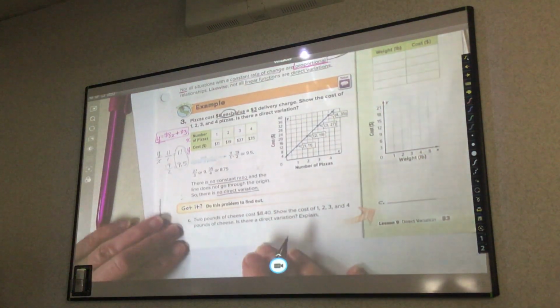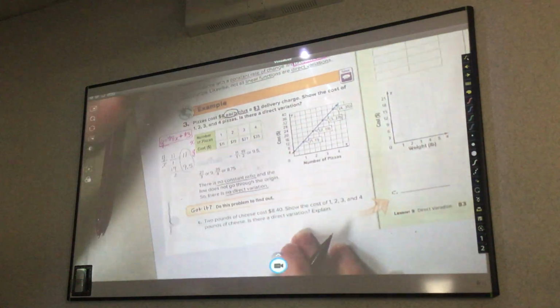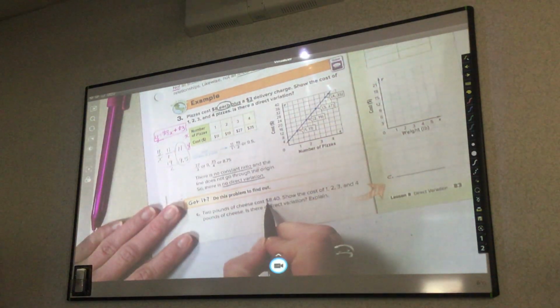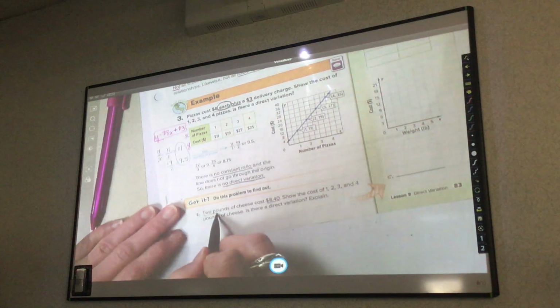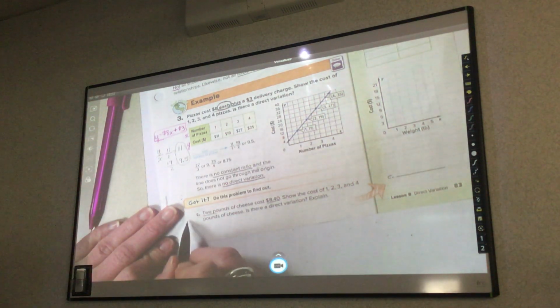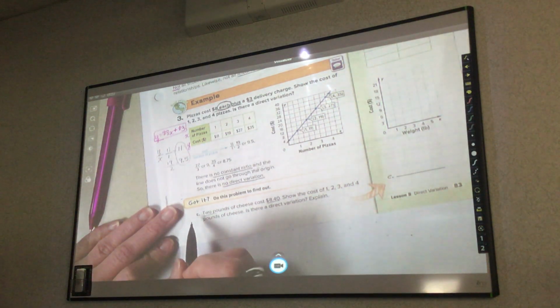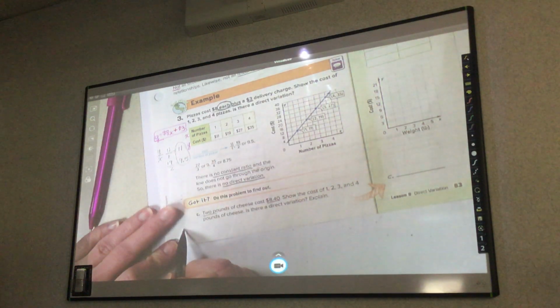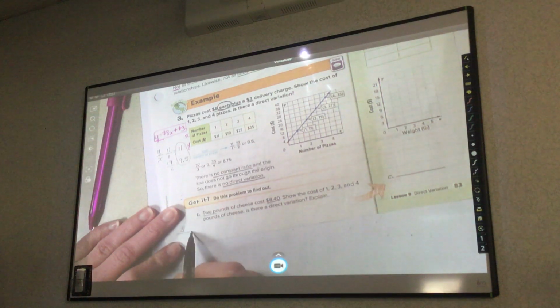So for example, C says 2 pounds of cheese cost $8.40. What's my label going to be? Dollars per pound.